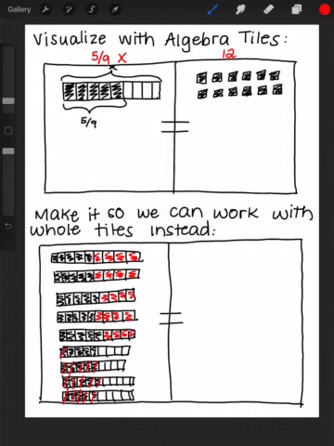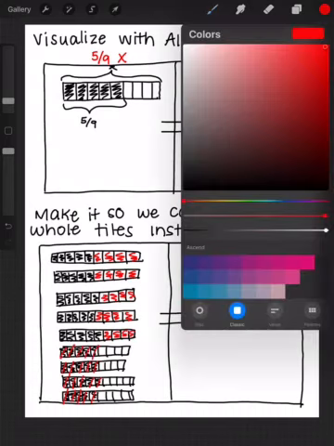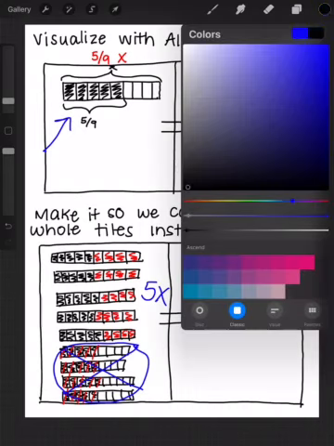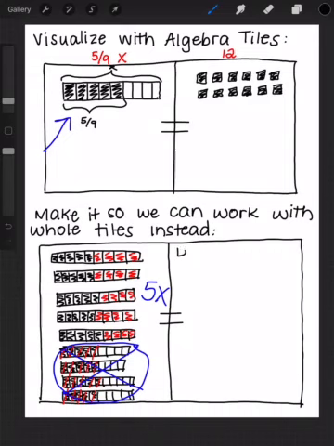Essentially these guys down here are gone. Because I did 9 of these from up here, I now have 1, 2, 3, 4, 5 x on this side. Now on the other side, I started with 12.